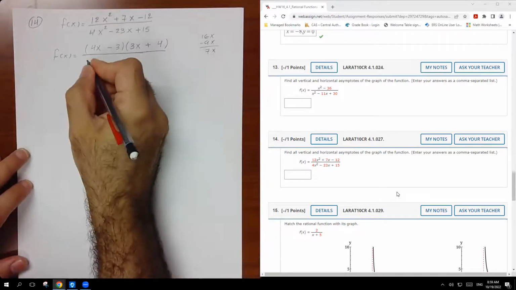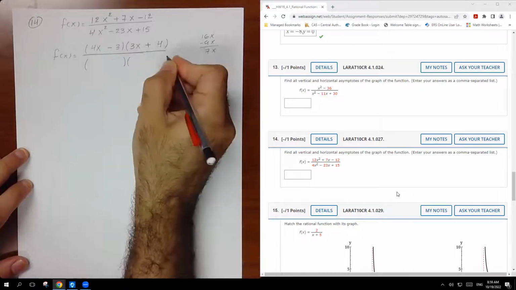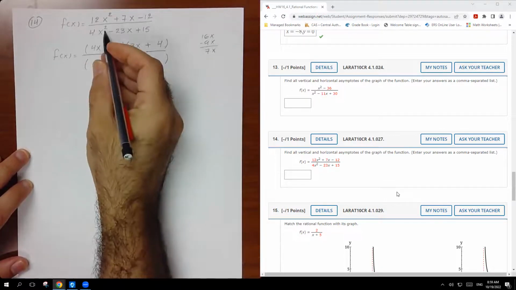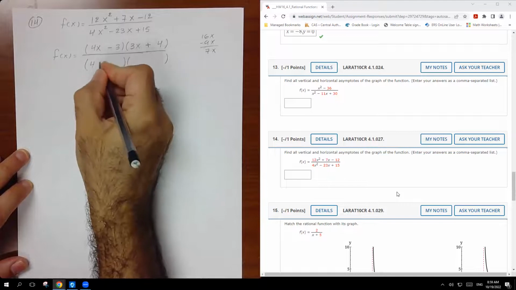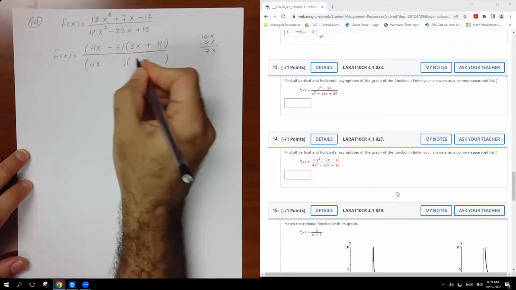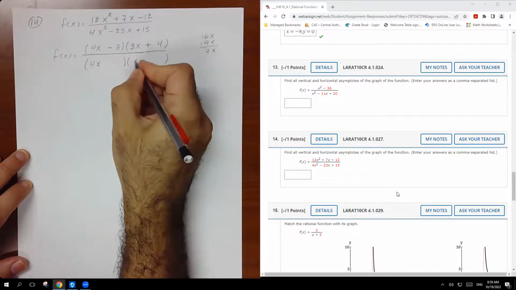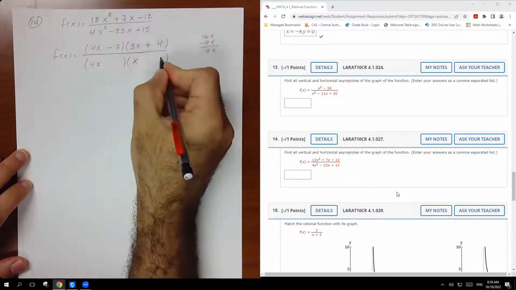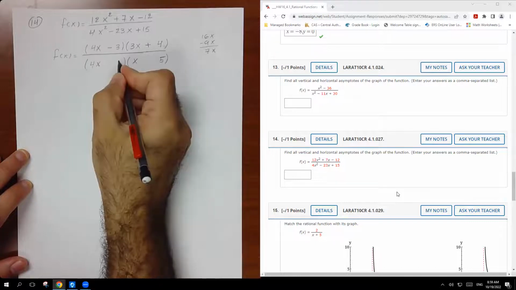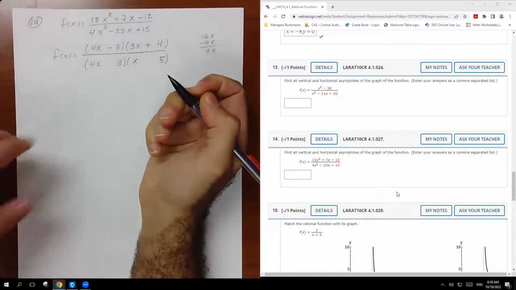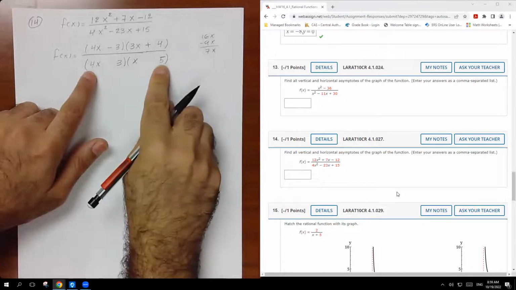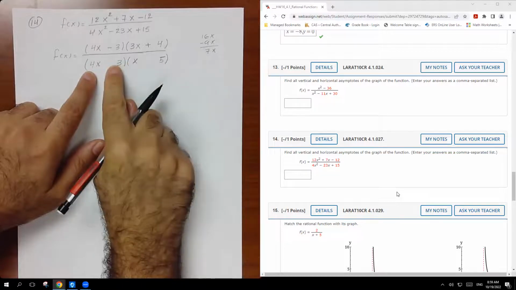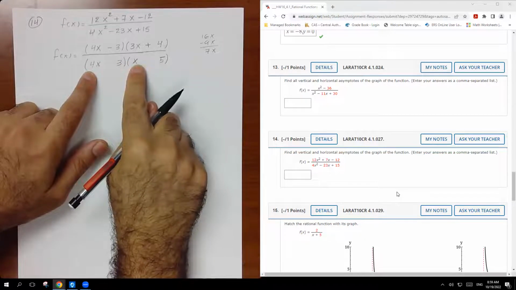Let's do the same thing here. 4x, put down 4x here, and put down just x here. 15, I'm going to put 5 here and 3 here. 4x times 5 is going to be 20x. 3 times x is 3x.